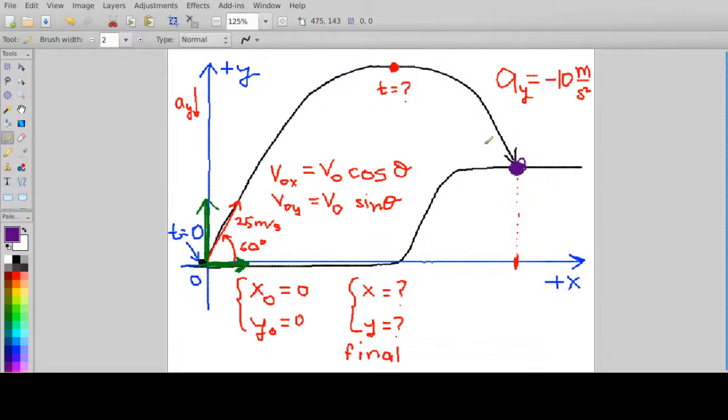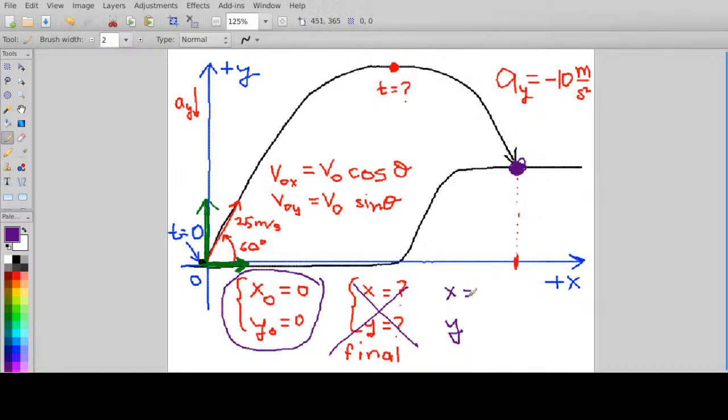What changes are none of the initial values. Your initial position, x naught is 0, y naught is 0, they stay the same here like that. That's fine. It's the final positions which are different, so we have to rethink the final x and the final y.